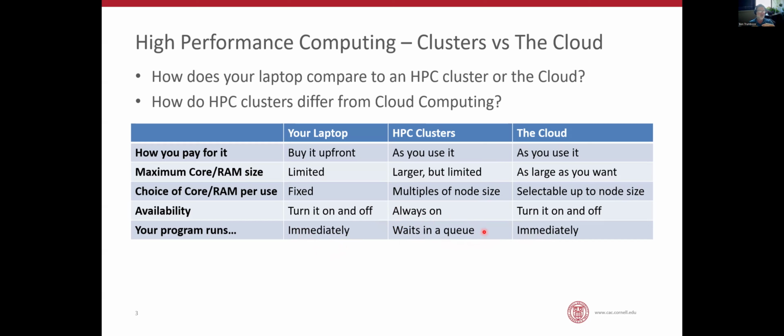And so you might have to wait in line to get your processing done. You enter your job into a queue, and the queue may be shorter or longer or faster moving or slower moving, depending on how much processing power you want. Whereas in the cloud, it's your resource only, and you can have it do what you want right away.